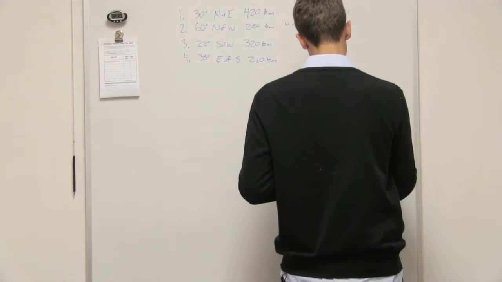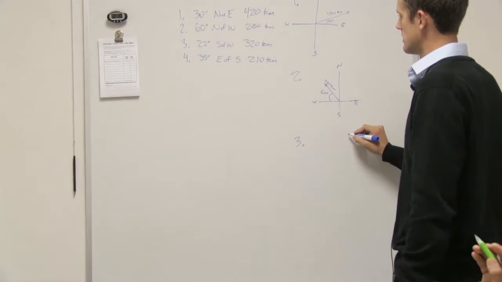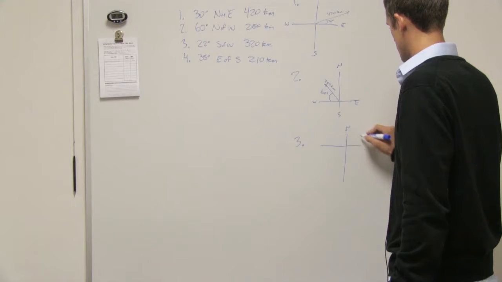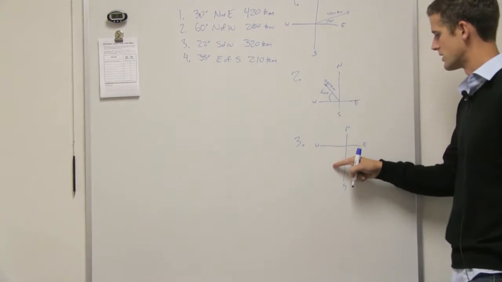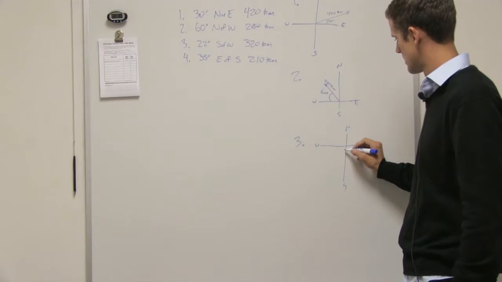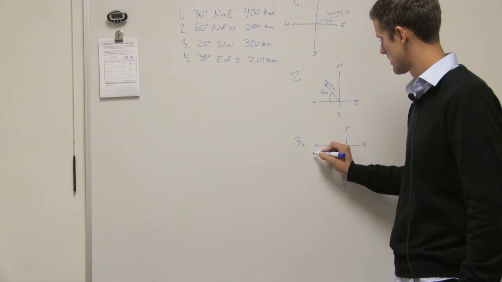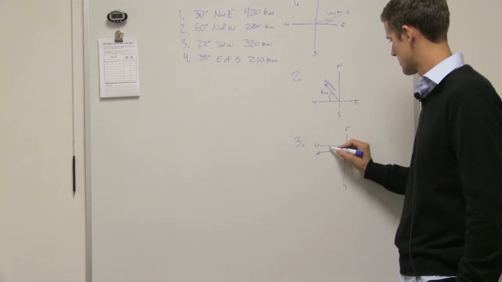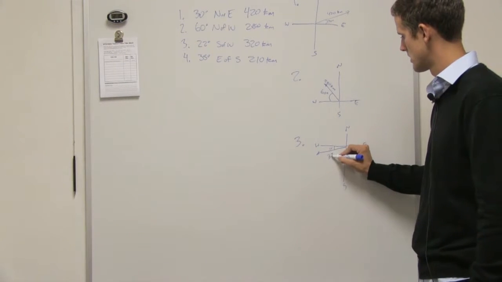Then the next one will be in the third quadrant, I believe. So south of west. Yes. So north, east, south, west. It's 22 degrees, so it's going to be a pretty short angle, pretty close to the x-axis. Kind of something like that, right? Yes. 22 degrees, 320.